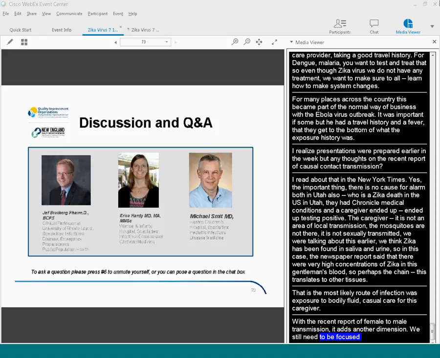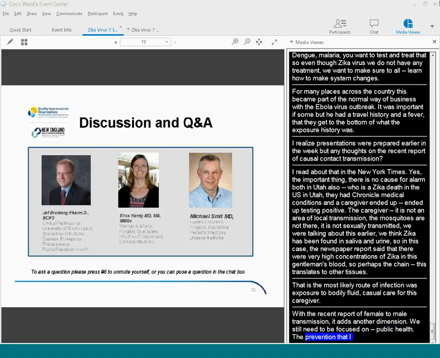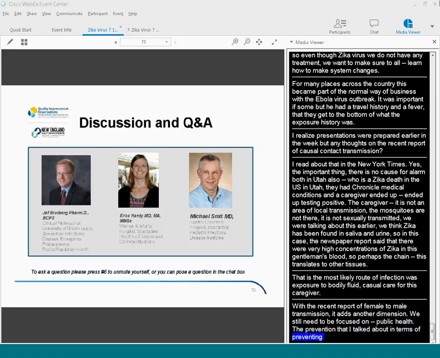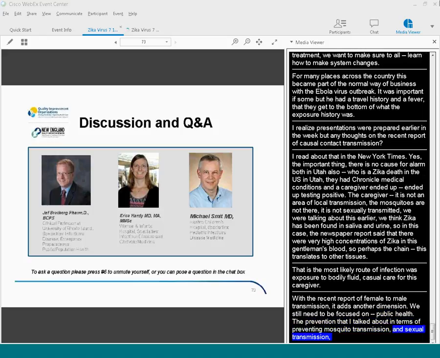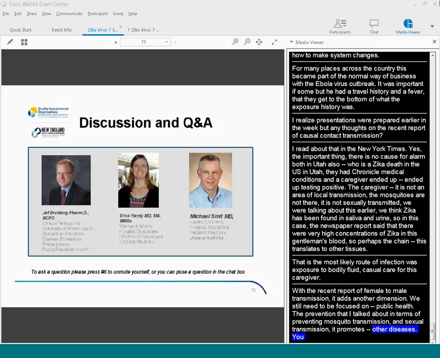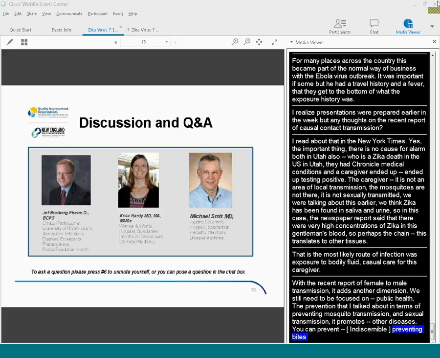But the prevention that I talked about in terms of preventing mosquito transmission and preventing sexual transmission also prevents all sorts of other diseases, the other arboviral diseases. It's great to use mosquito repellent. It's great to use permethrin. We are all in New England in Lyme country, and so preventing bites from any kind of arthropod hopefully has the added bonus of reducing incidence of other diseases.